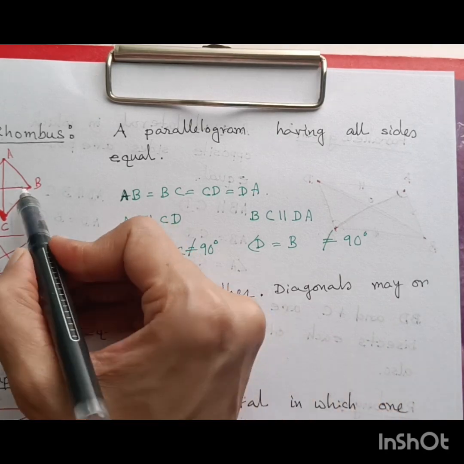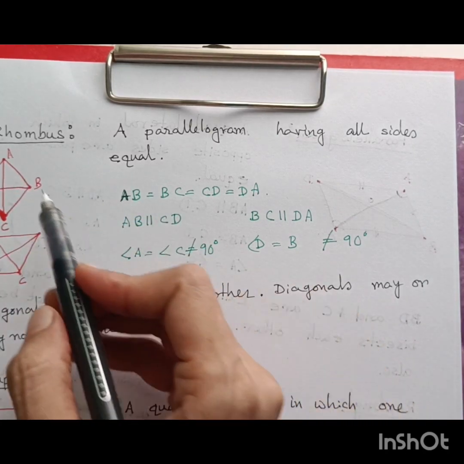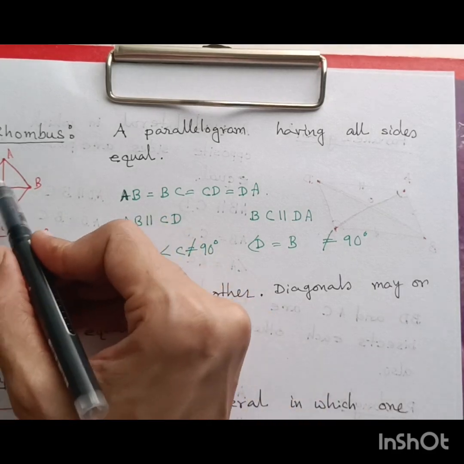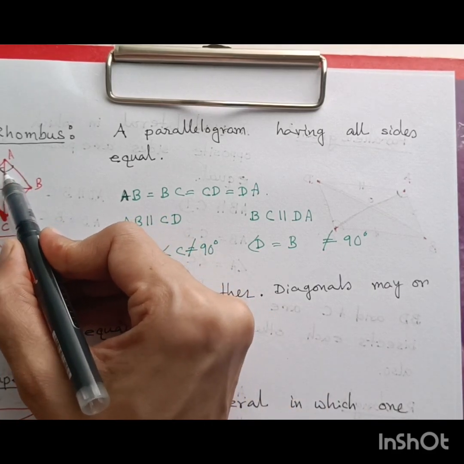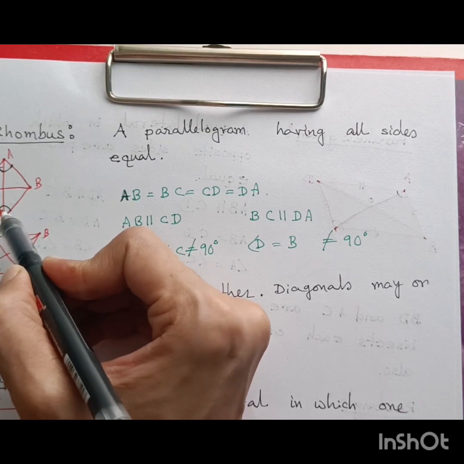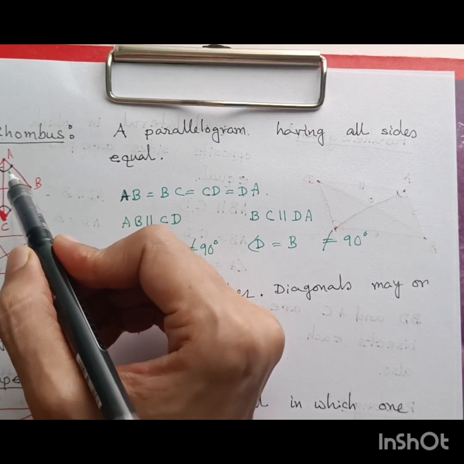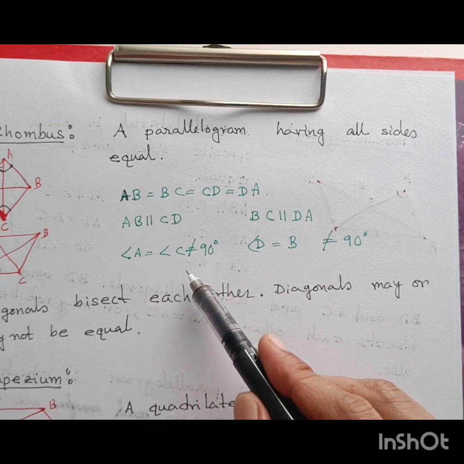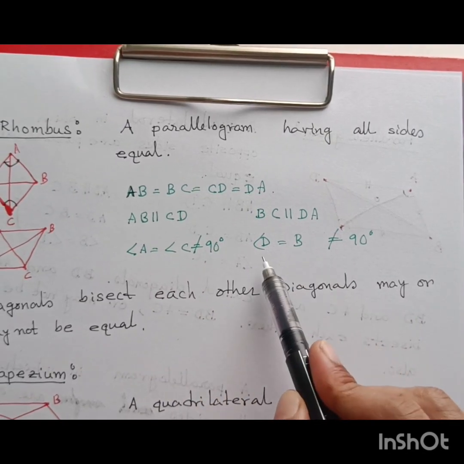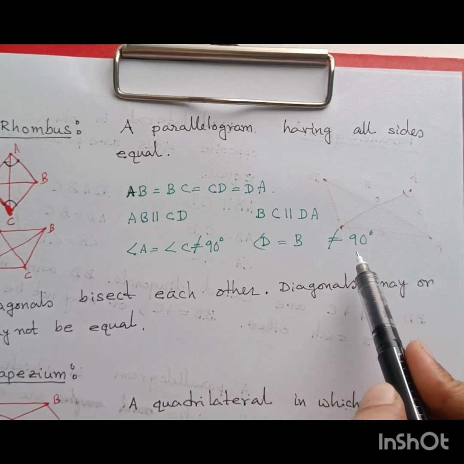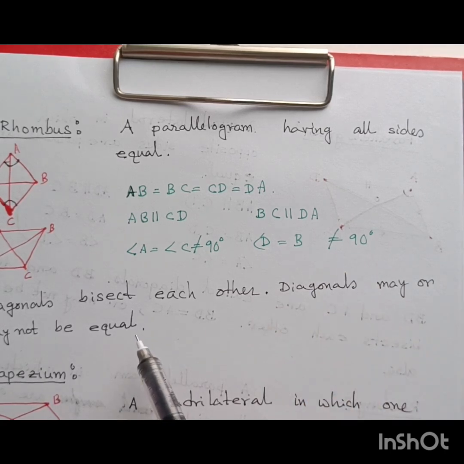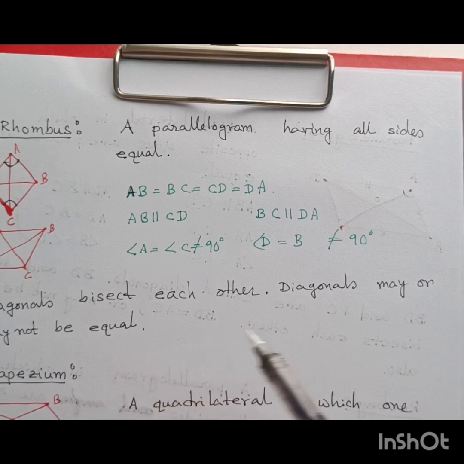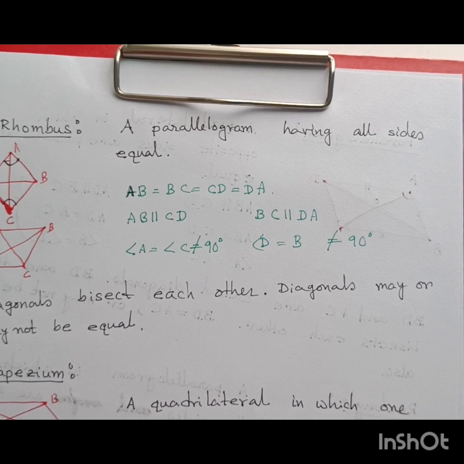The angles are not 90 degree. This angle and this angle are not 90 degree. A equal to C, opposite angles are equal but not 90 degree. D equal to B but not 90 degree. Diagonals bisect each other, and same as the parallelogram, diagonals may or may not be equal.